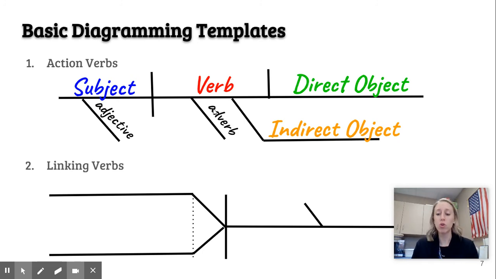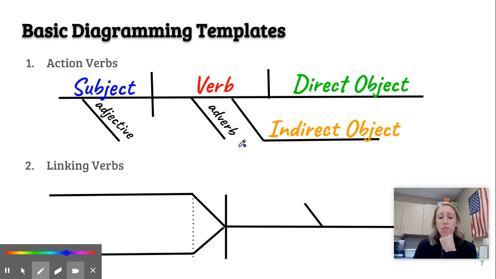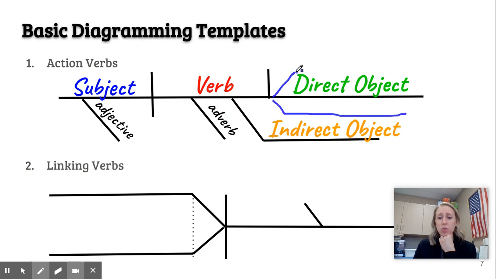Now if you have a sentence that has an action verb, but maybe it has two direct objects or two indirect objects, that's totally fine. You just split that line wherever you need to split it. If you have two direct objects, just split it like that, and then you would have a direct object here and a direct object here.